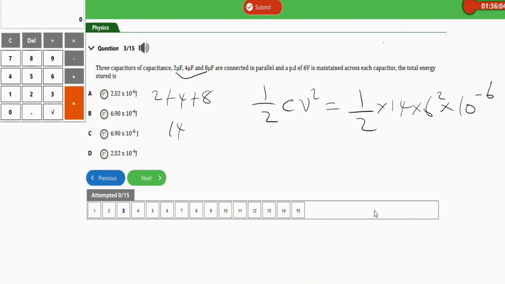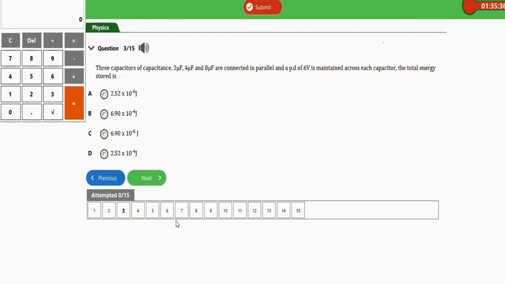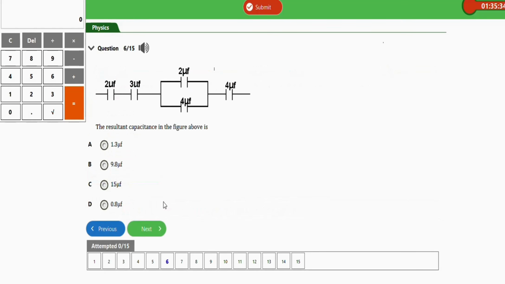Let's wipe this and solve the next repeated question. So the next repeated question will be this question. It says the resultant capacitance in the figure above is. In this figure above, this capacitor and this one here are connected in series. This one here is also connected in series, but these two are connected in parallel.